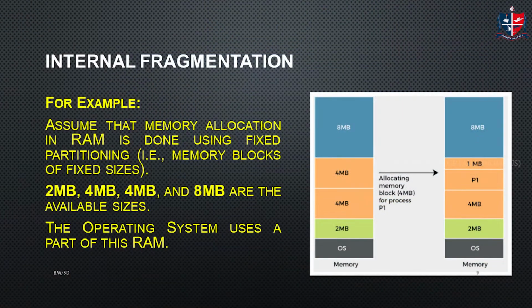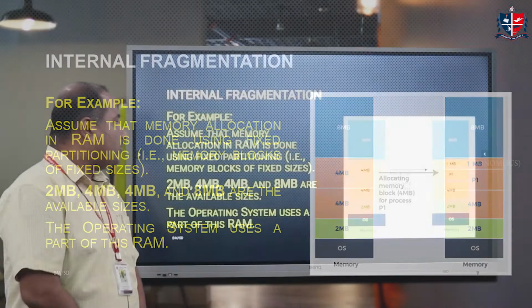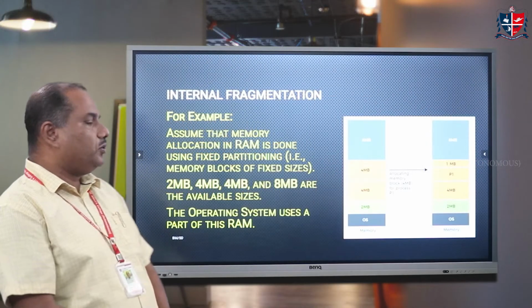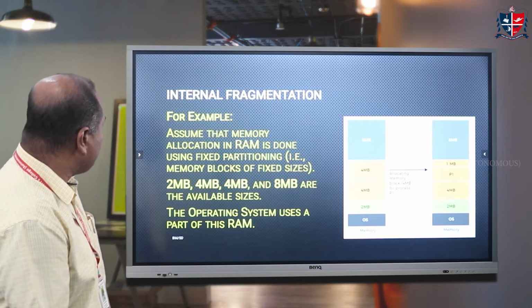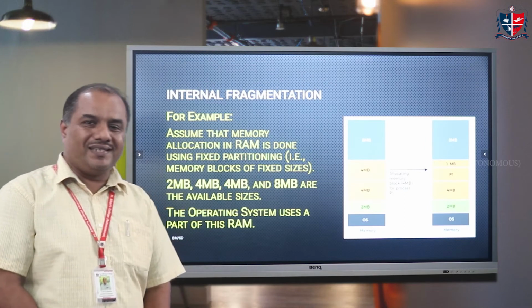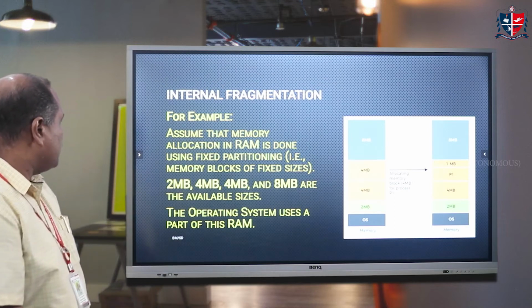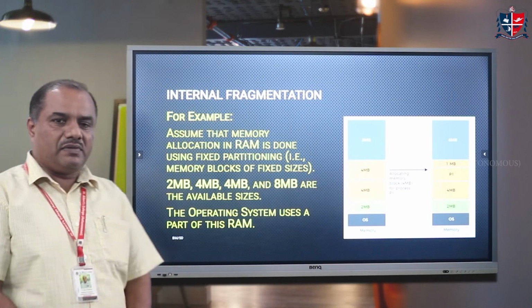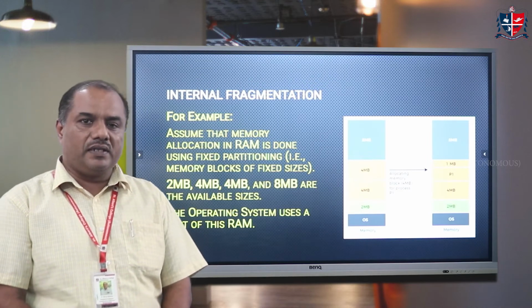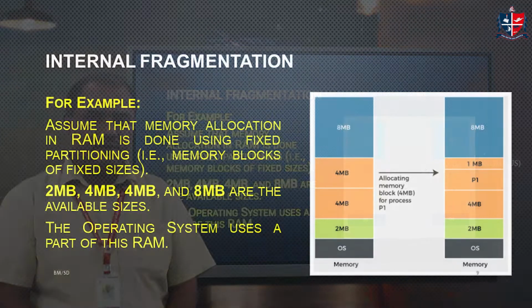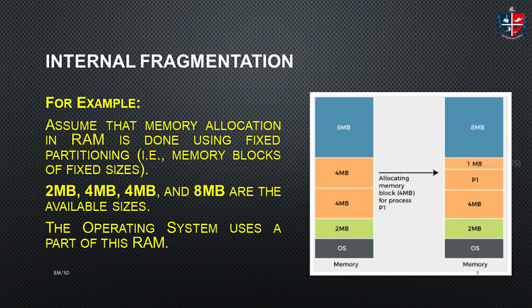Let's say, for example, we have four processes P1, P2, P3 and P4, and our memory space is in fixed partitions, that is 2 MB, 4 MB, 8 MB and so on. Now some portion of the entire memory is utilized by the operating system, and the remaining space of memory is allocated for user programs.